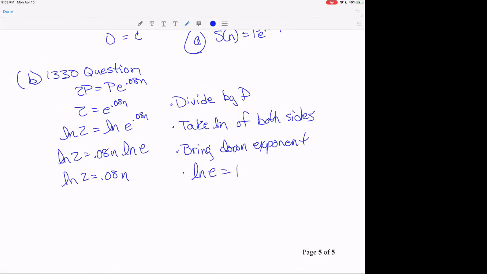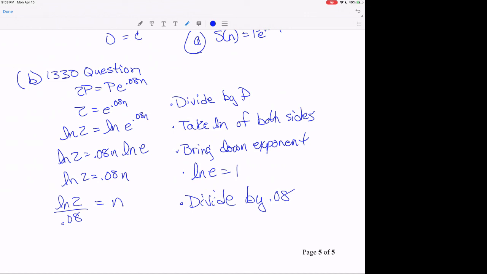So then n equals ln of 2 over 0.08. The last step was to divide by 0.08. All right, so we're done.